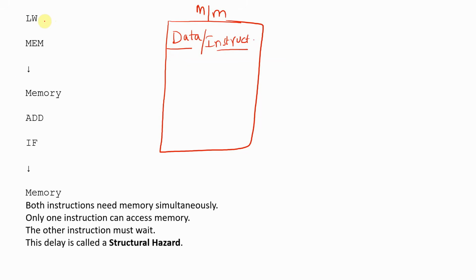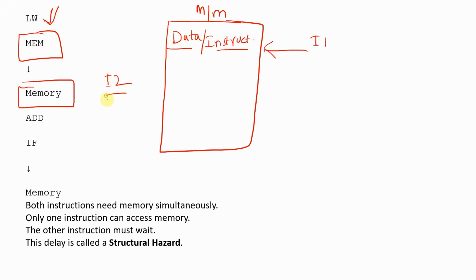If I use this LW, it depends upon the memory, so instruction 1 is depending upon the memory. My second instruction, in the instruction fetch stage, also needs to fetch an instruction, and this is also depending upon the memory. So both the instructions are now depending upon the memory.